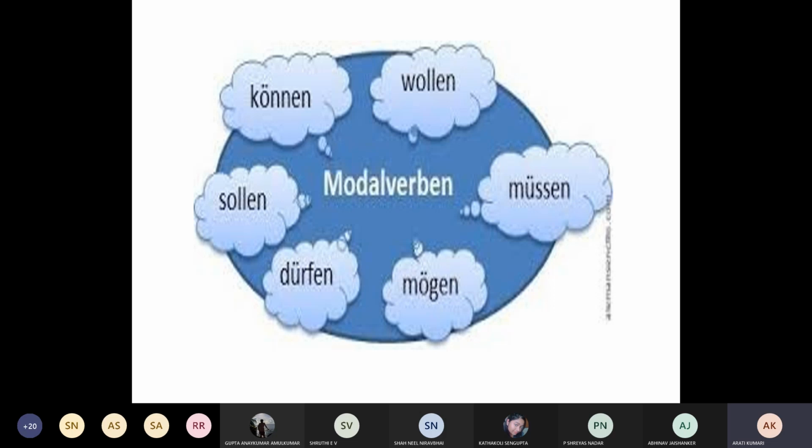So now let's begin by naming those modal verbs, and then we learn the conjugation, and then we learn how to use them.